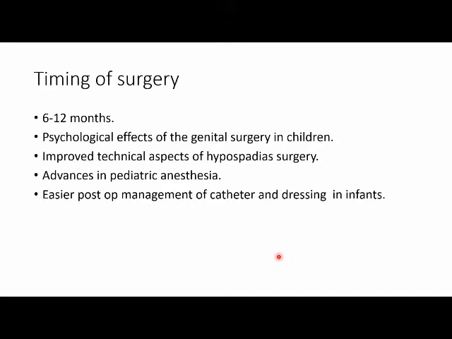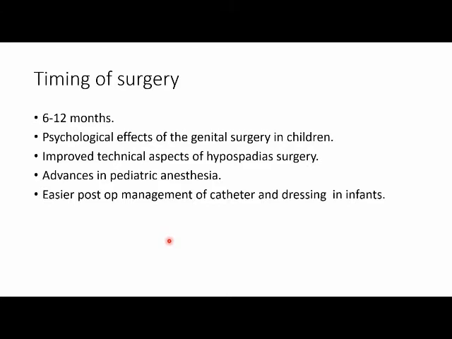Regarding the timing of surgery, the ideal time for doing a hypospadias repair in a child is between 6 to 12 months of age. This has been advocated in view of the psychological effects of genital surgery in children. Before they realize that such a surgery is happening to them, it is better to do the surgery in the infancy period itself.